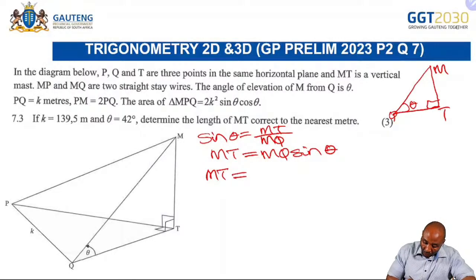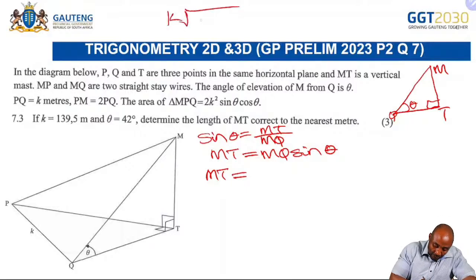Our MQ, we found it as K square root of 1 plus 8 sine squared theta. We found it in the previous question.